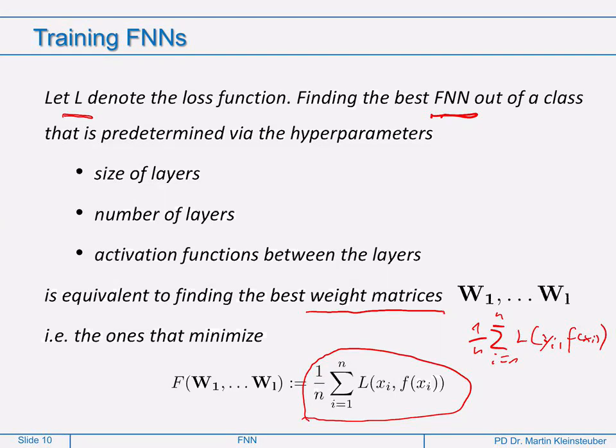It's not so much of a difference because they are not the variables that we want to search for. What we want to search for are the weights, the weights that are hidden in that function that is a feedforward neural net. And the question is, how can we do that, and what's the idea behind it?